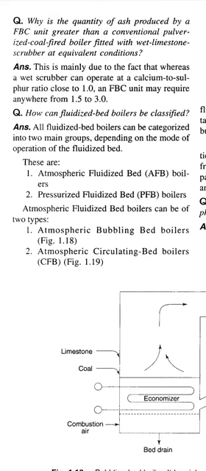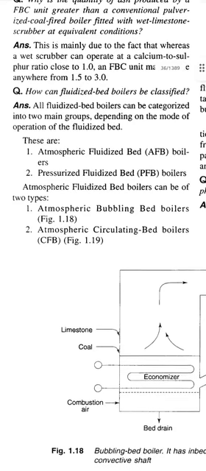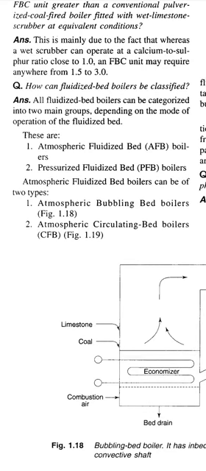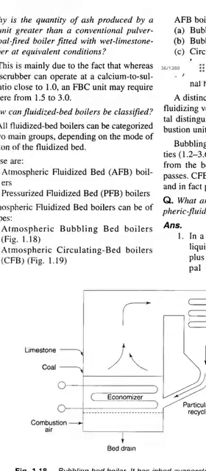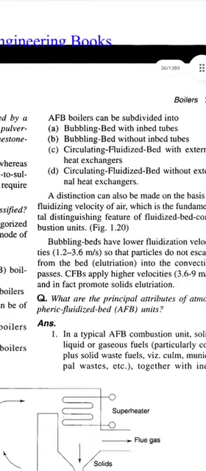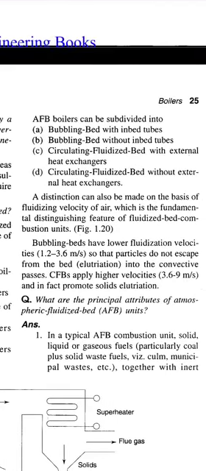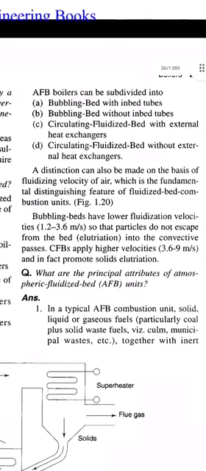AFB boilers can be of two types: atmospheric bubbling bed boilers and atmospheric circulating bed boilers. AFB boilers can be subdivided into bubbling bed with in-bed tubes, bubbling bed without in-bed tubes, circulating fluidized bed with external heat exchangers, and circulating fluidized bed without external heat exchangers.